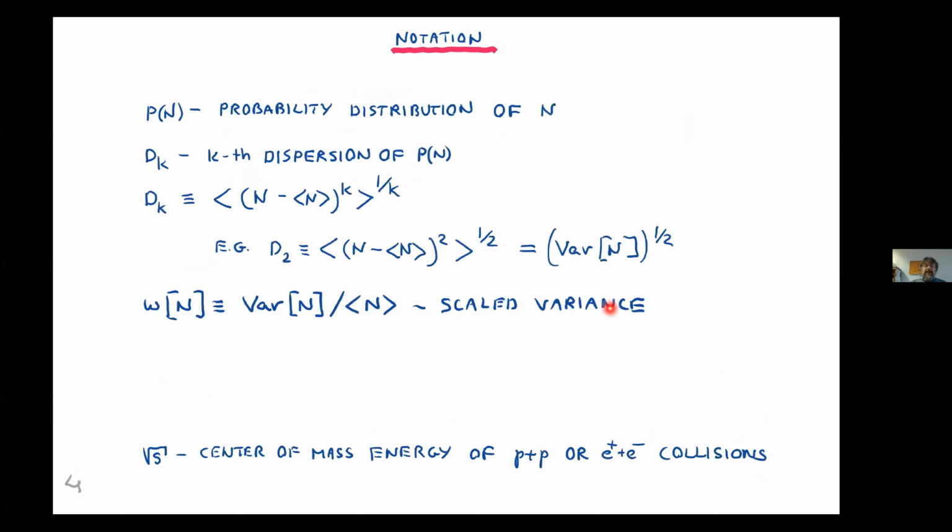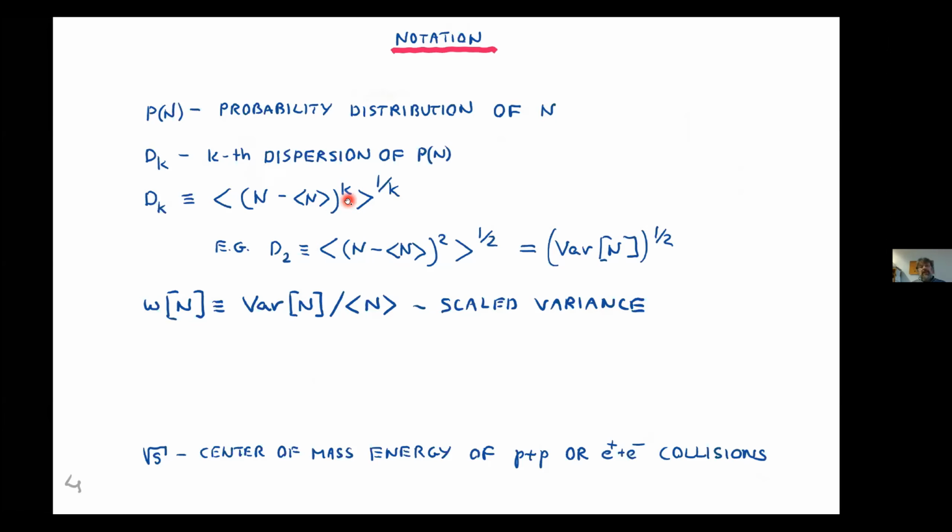Then the second slide on the notation: P(n), of course, will be the probability distribution of our multiplicity variable. And then something new, which is not popular anymore. It was very popular when people started to study event-by-event fluctuations in high energy collisions 50 years ago, in the 70s, the beginning of event study. The basic variable was the so-called dispersion of the probability distribution. This can be second, third, fourth order, a general kth order dispersion. How is it defined?